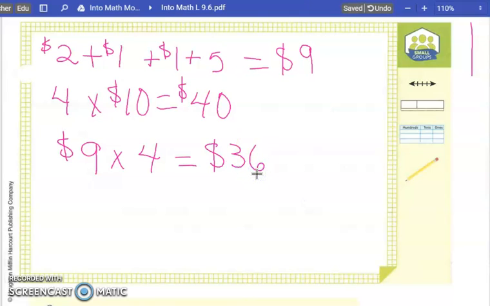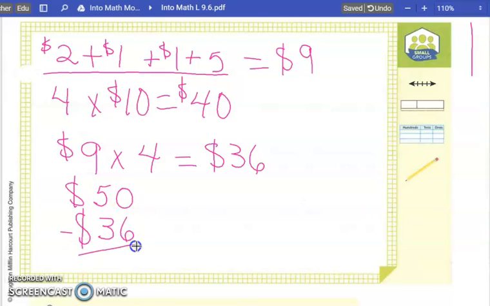Okay. So now the question is, what can she buy? Which we figured that. She can buy a drink, a potato, a fruit, and a hot dog. And that's going to cost her $36. So they want to know if she has $50, how much is she going to have left over if she does the meal that we did up there?